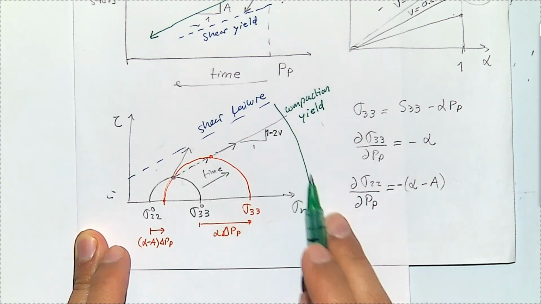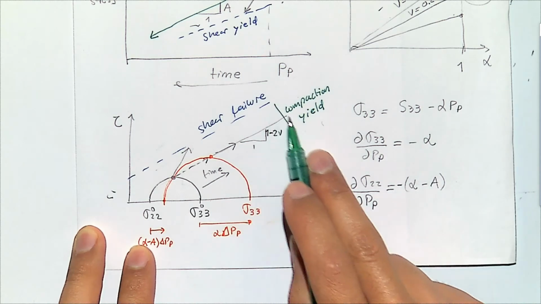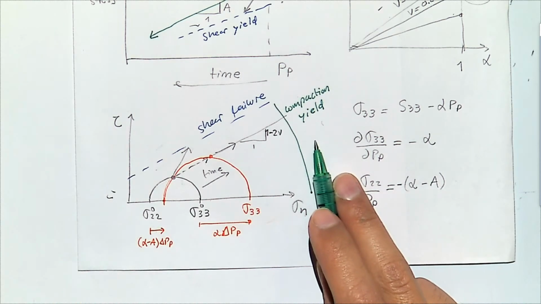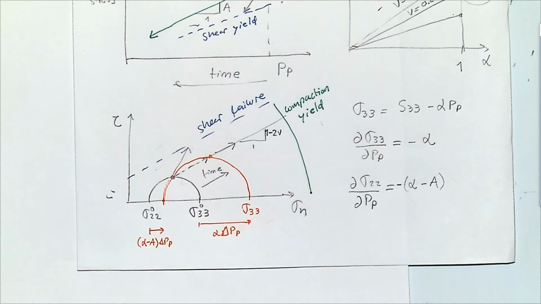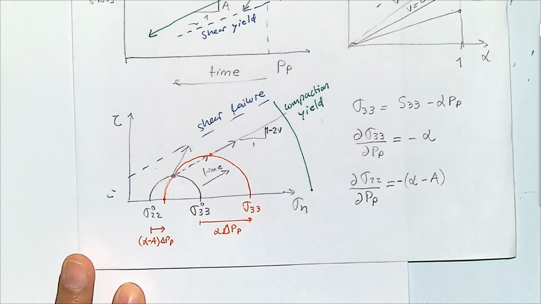If we have shear plus compression, we get to this compaction yield line. And for example, this is what causes compaction bands, for those of you that are familiar with this term from geology. So at some point, also increasing effective stress in both directions too much, that's also going to have a consequence.